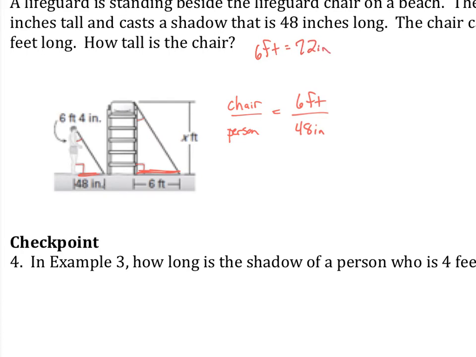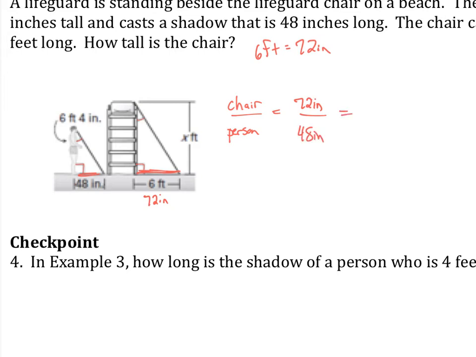So instead of saying 6 feet, this chair is really 72 inches for the shadow, and the person is 48 inches.